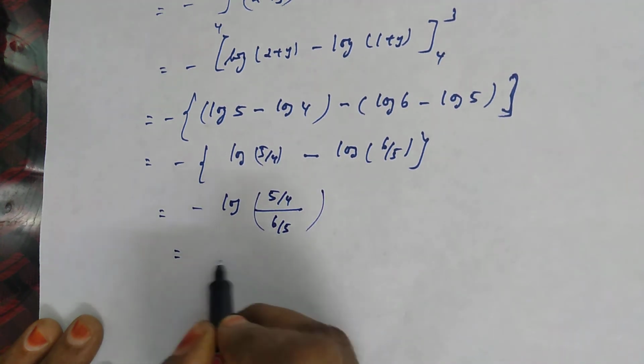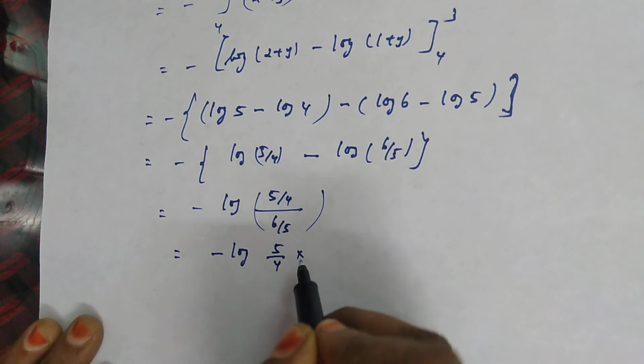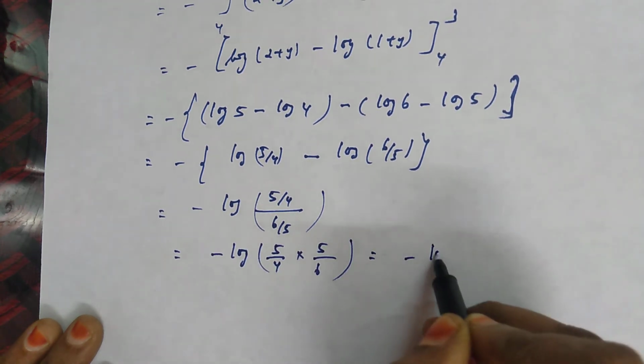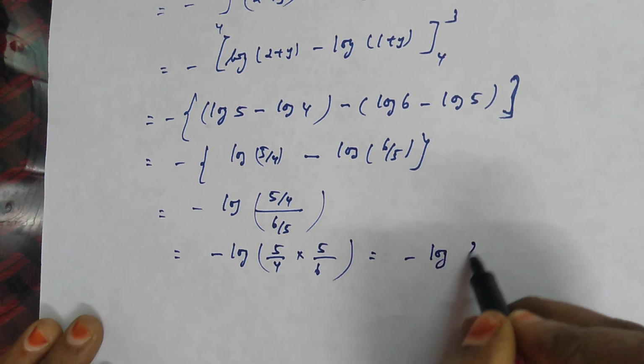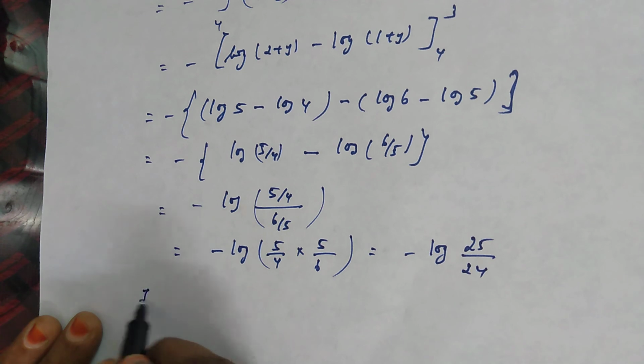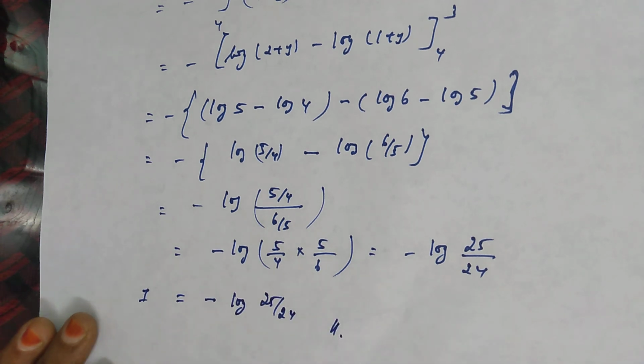This can be written as minus log of 5 by 4 into 5 by 6, which is equal to minus log of 5 into 5, 25 by 24. So the answer for the given integration is minus log 25 by 24. Thank you for watching.